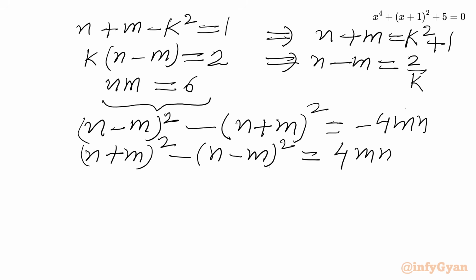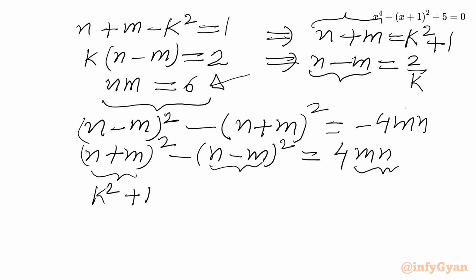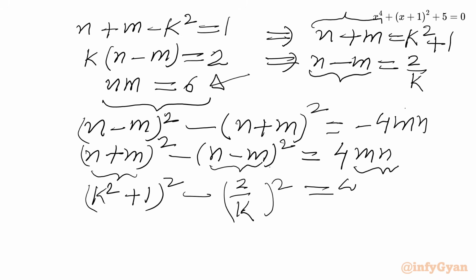Now n plus m is here k square plus 1, n minus m is here 2 over k, and mn we have 6. So we can write k square plus 1 whole square minus 2 over k whole square equal to 4 times 6.